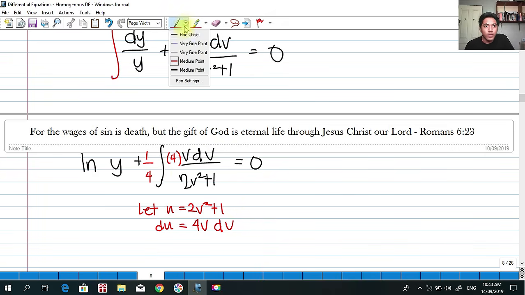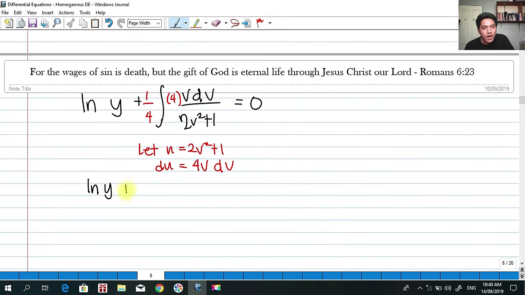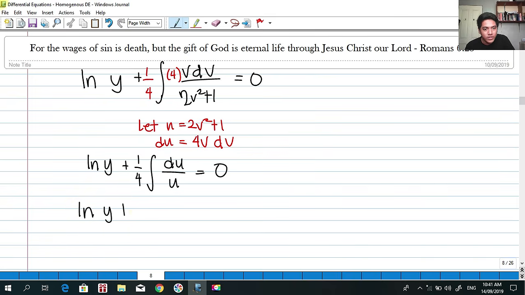So we have ln of y plus 1/4 the integral of du over u is equal to 0. If you integrate that, ln of y plus 1/4 ln of u, but u is equal to 2v squared plus 1.